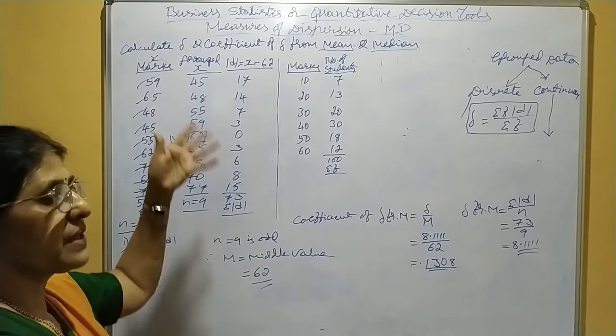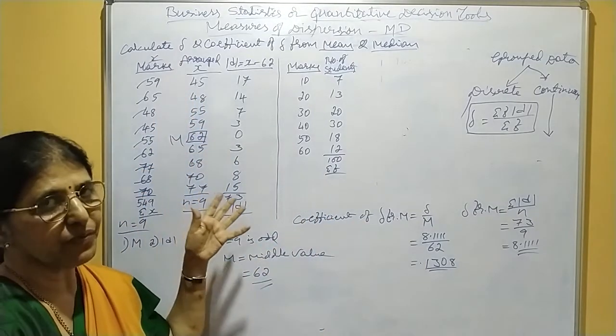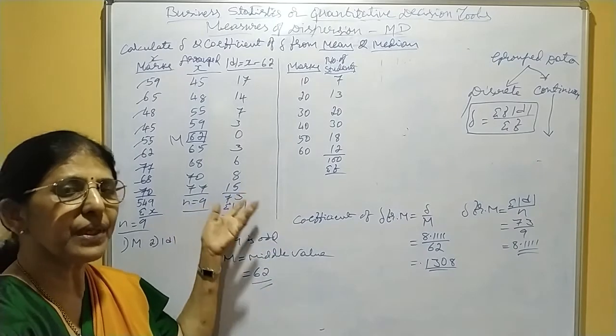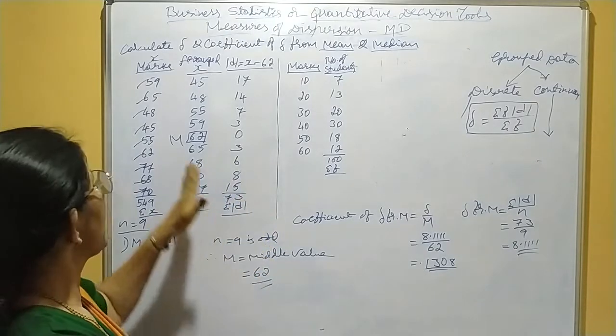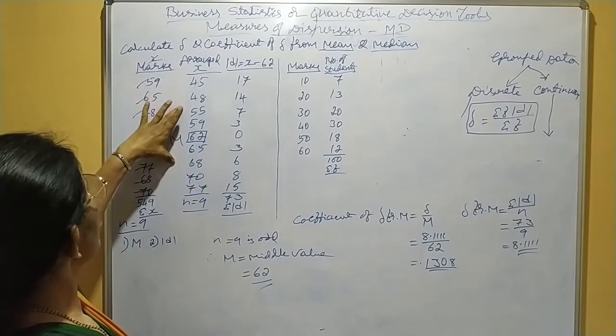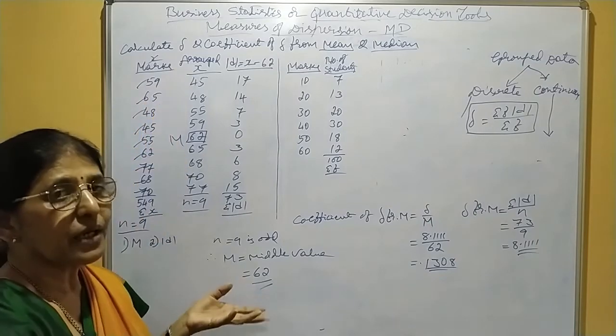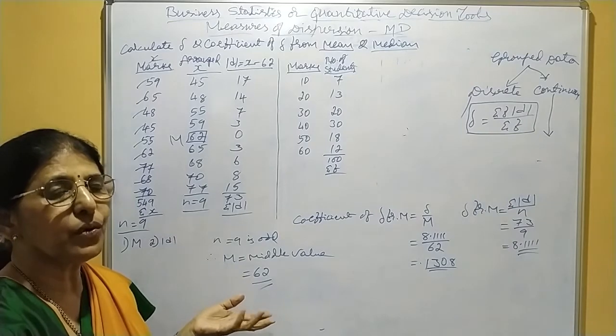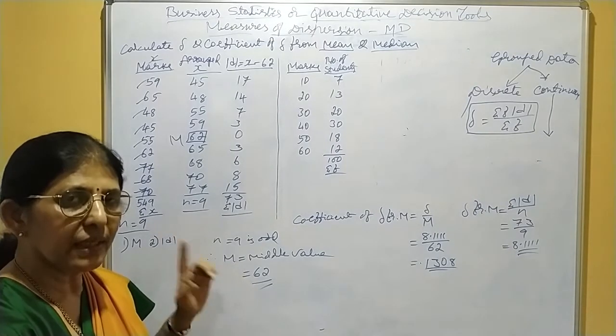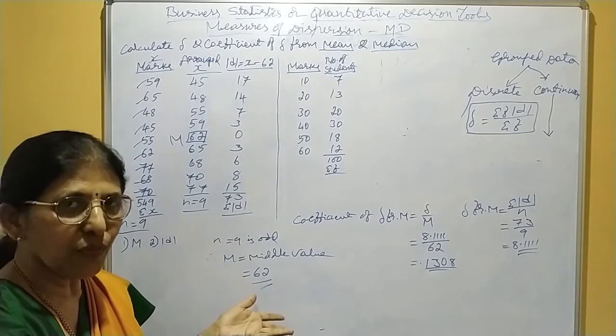Now, in case it is asked to calculate mean deviation from mode, usually it is asked from mean or median. If it is asked, then in this problem we cannot take from mode, because under ungrouped data, how do we find out mode? That is by observation, the value of variable which repeats more number of times.